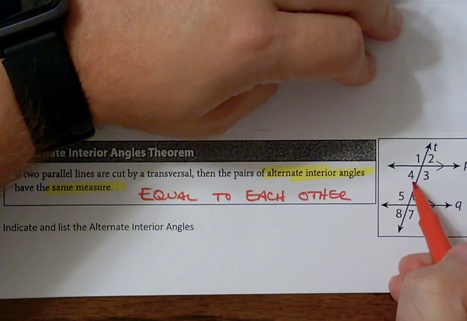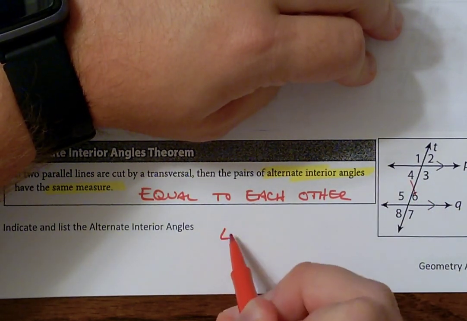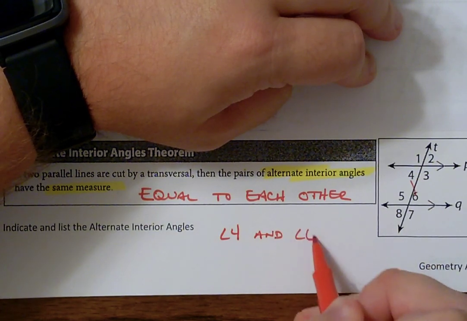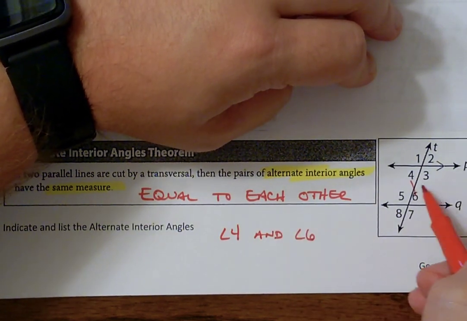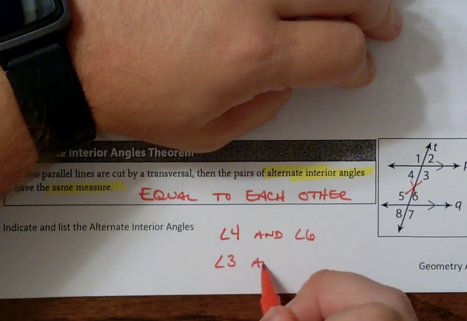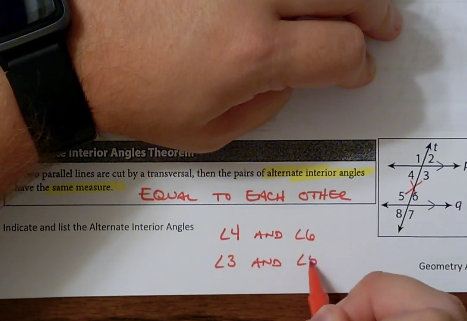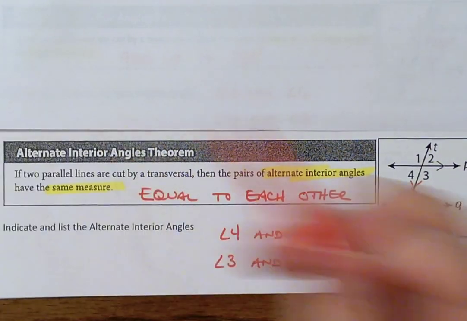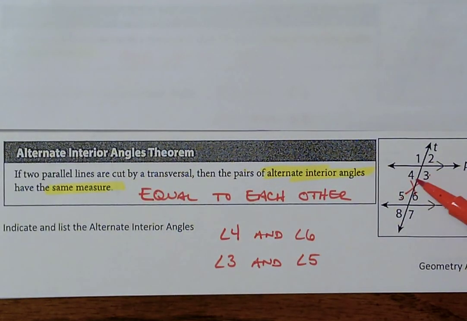So that would be angle 4 and angle 6, and angle 3 and angle 5. So the alternate interior angles are angles 3 and 5 and 4 and 6. They're on alternate sides of the transversal, but still in between the parallel lines.